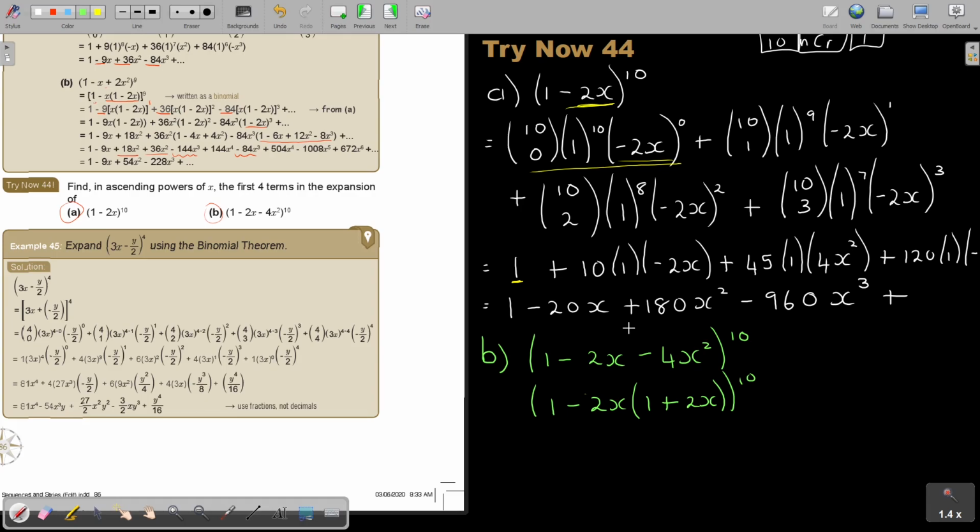You cannot use, because of the 2, you cannot use this step. You're going to use this step. The 1, the 10, the 45, and the 120. Before you were working with the different terms. Okay, because here you already bring in that 2. And if you bring it, you're going to bring it double in.